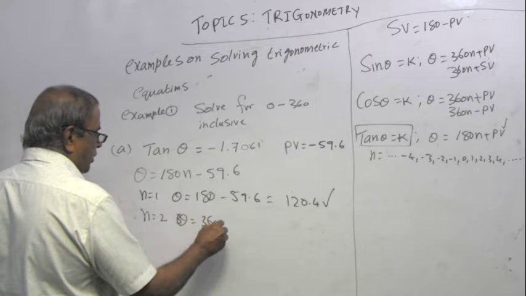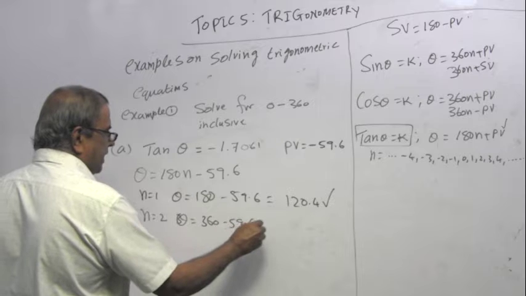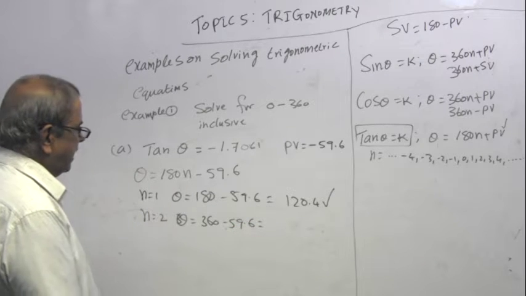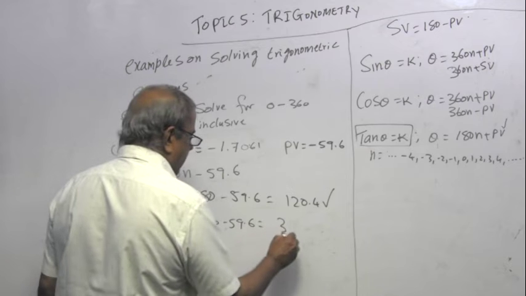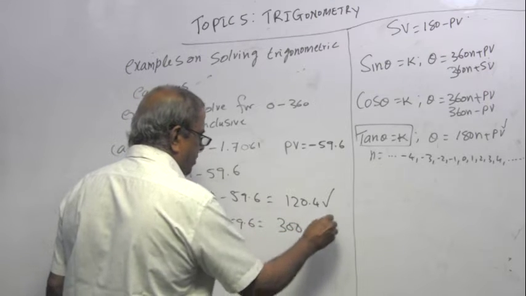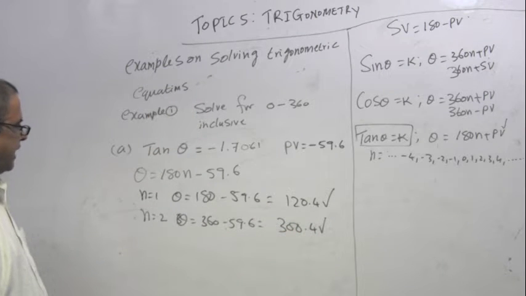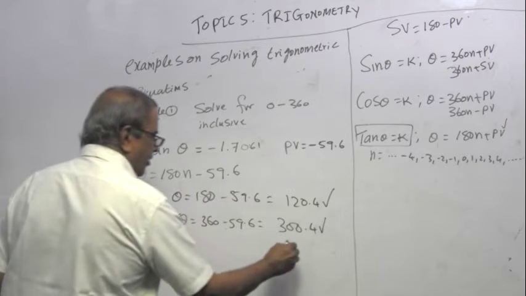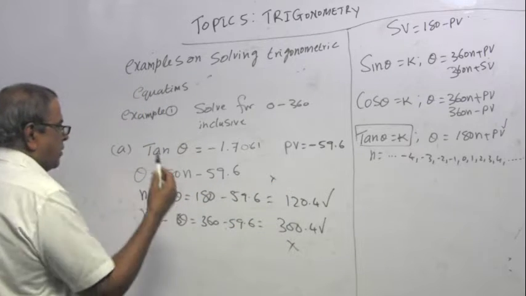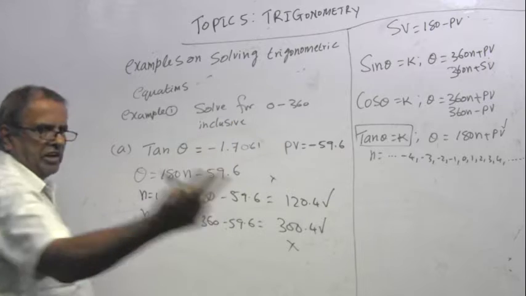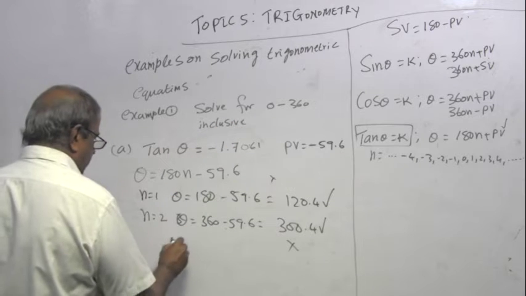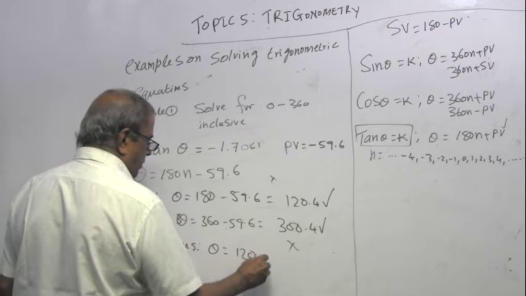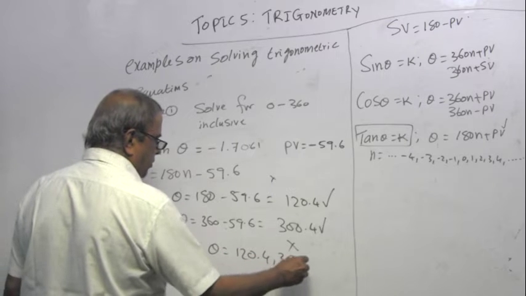You don't even have to write this, but I am writing it for my own convenience. 360 minus 50 is 310. Minus 9 is 301. So 300.4. Yes. What happens when you put n as 3? 540 minus 50 is more than 360. So I can't. So you only have, remember, theta 0 to 360, 2 solutions. So therefore answer is theta equal to 120.4, 300.4.